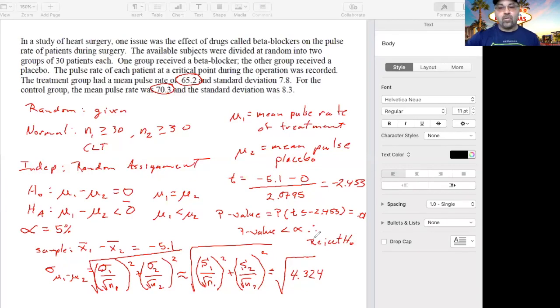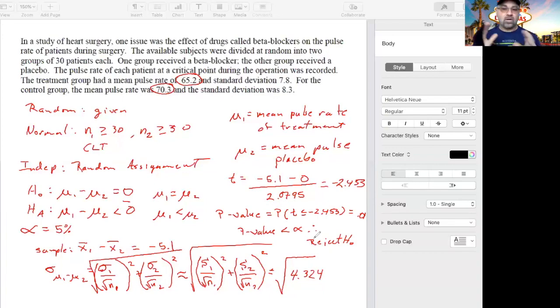And then at the end, of course, the last step, step 6 in all of our flowcharts that we've had, is always to restate that in context. So in the case of the particular experiment that we're looking at, we would say something like at a 5% level of significance, our data does show a statistically significant reduction in mean pulse rate for the group that took beta blockers as opposed to the group that did not take beta blockers.